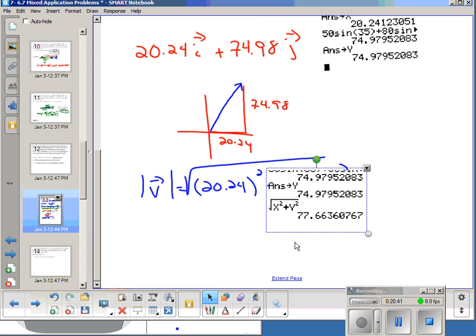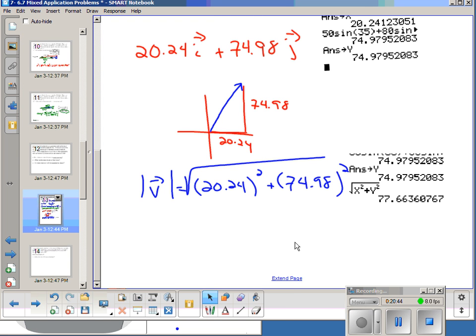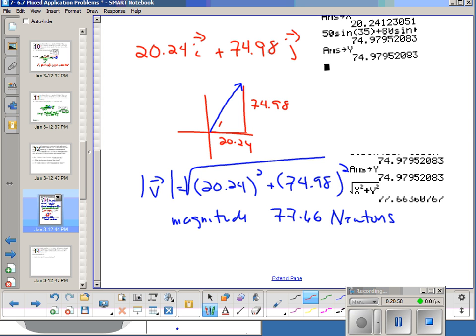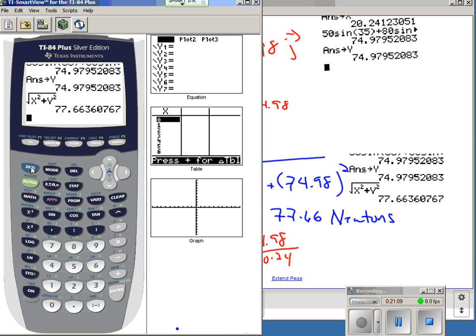And then to figure out the angle, right? So my magnitude is 77.66 newtons, and my direction, again, if you think about this angle, well, tangent of theta is 74.98 over 20.24, and so my angle is going to be inverse tan of that y divided by x, and I get 74.89 degrees.